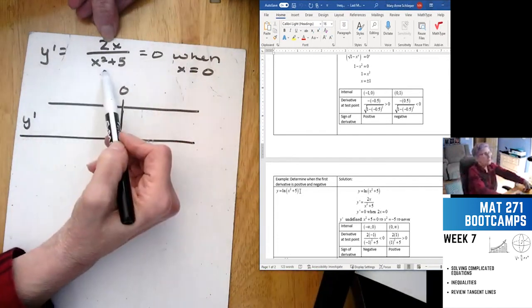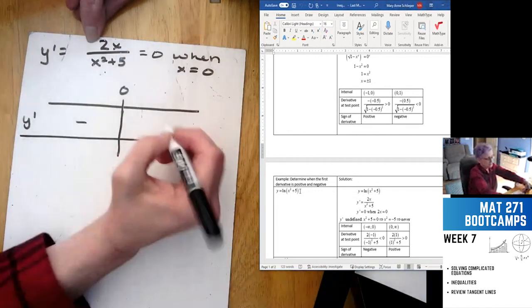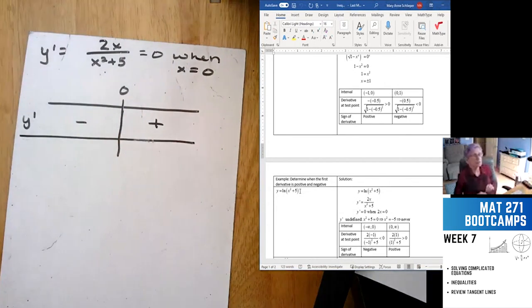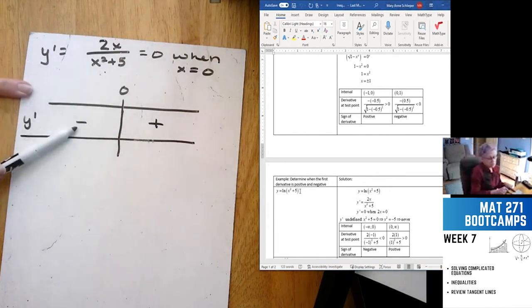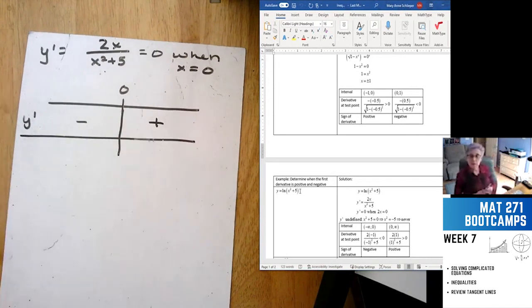The denominator is always positive. The numerator is going to be negative when x is negative, and positive when x is positive. So if you were graphing this, you know that your graph is going to be decreasing for numbers less than 0 and increasing for numbers greater than 0.